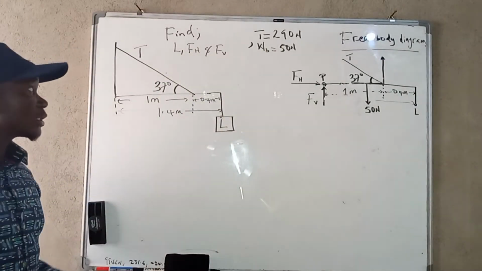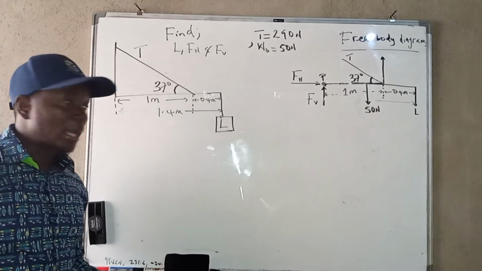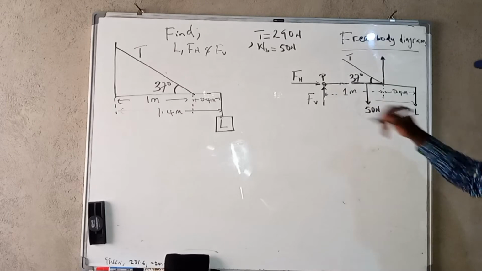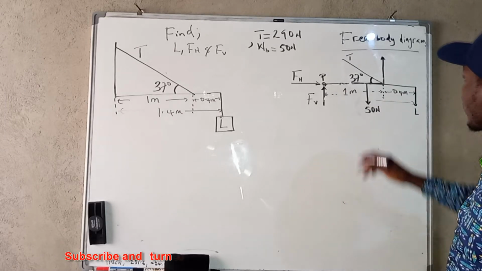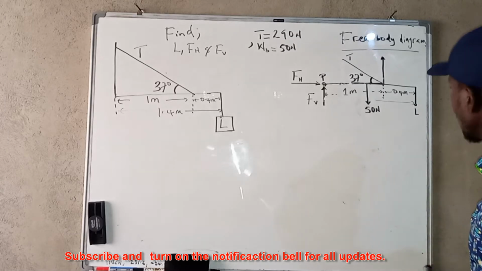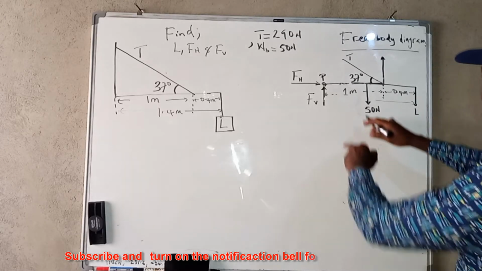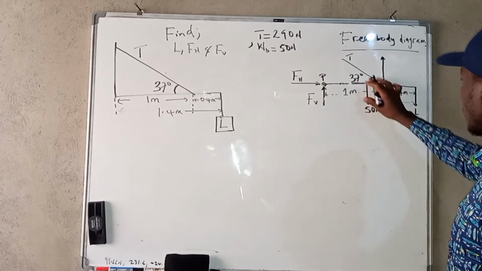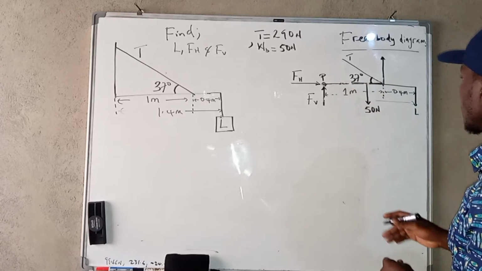290. From this point, it is so important that we come up with a free body diagram, of which this is the free body diagram here. So here we have this angle, which is 37 degrees, and then we have the weight of the beam right in the middle, the midpoint of the beam, so it is just halfway.